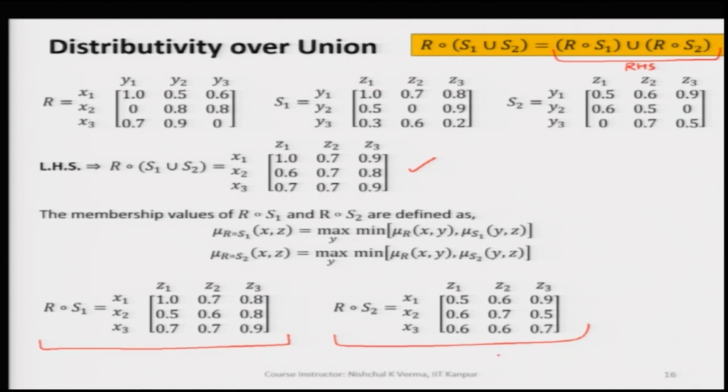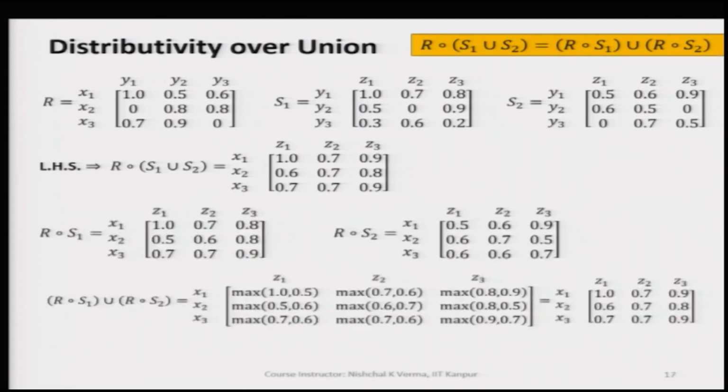Now, let us take the union of these two. When it comes to the union, we apply the max criteria again and take the max of the corresponding membership values of both fuzzy relation matrices. When we take the max criteria, the outcome is this.